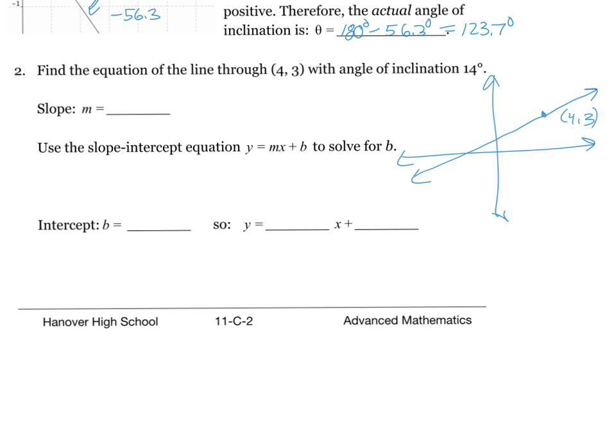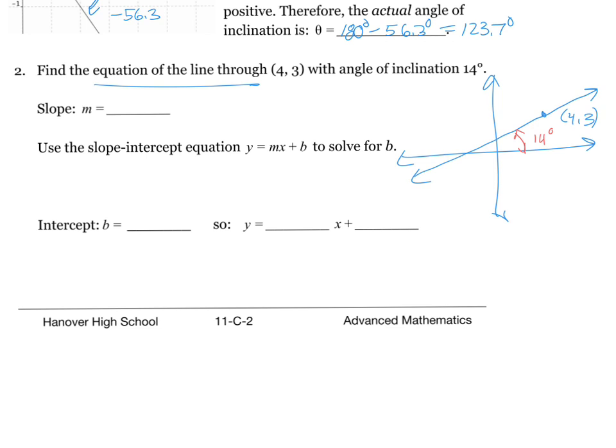I want this angle here to be 14 degrees. Okay, so the line could look something like that. All right, so remember, to get the equation of the line, I'm going to need the slope and I'm going to need the y-intercept.